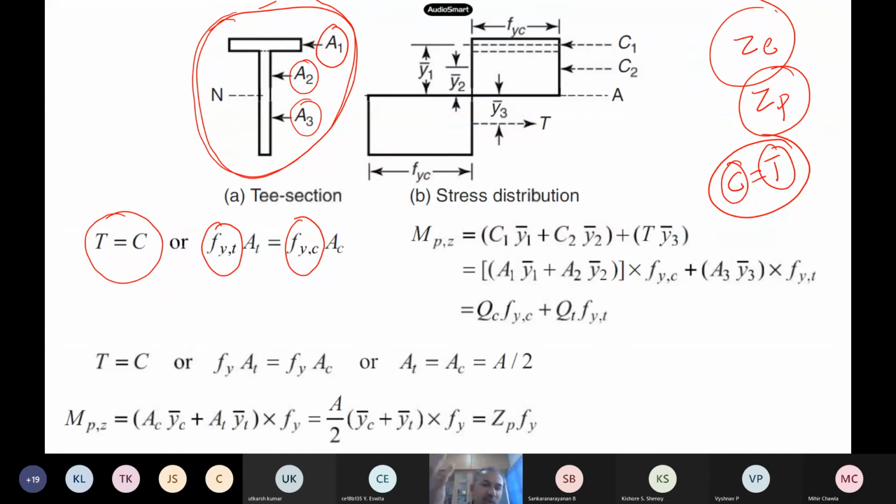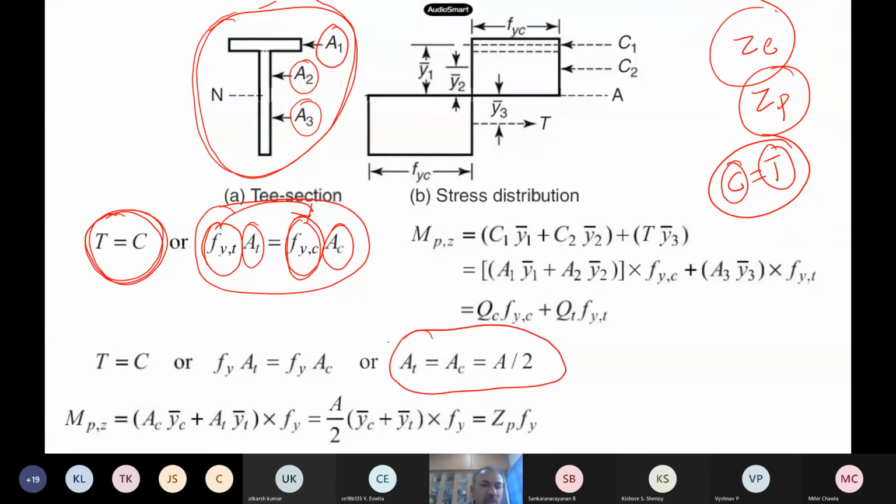But in steel, both will be the same; we are just showing the hypothetical case. From force equilibrium, the top and bottom have to be the same: Fyt multiplied by the area in tension equals Fyc multiplied by the area in compression. If Fyt and Fyc are the same, then obviously At is equal to Ac. This is possible only when each is the total area divided by 2. This is what we call the plastic axis.